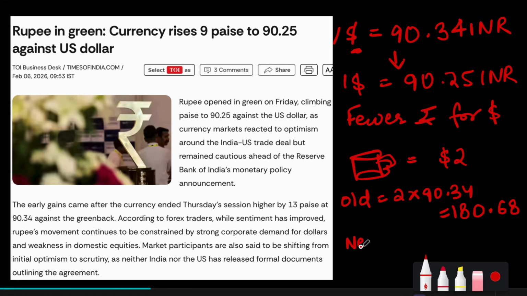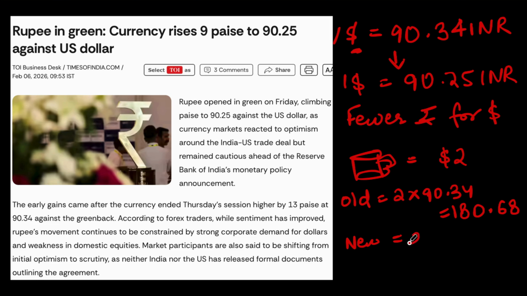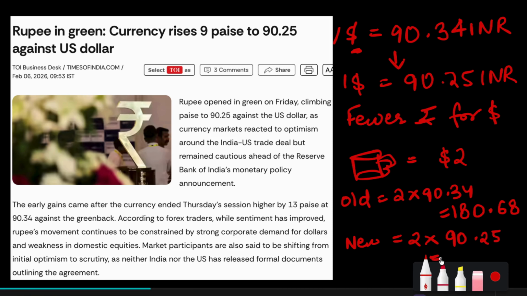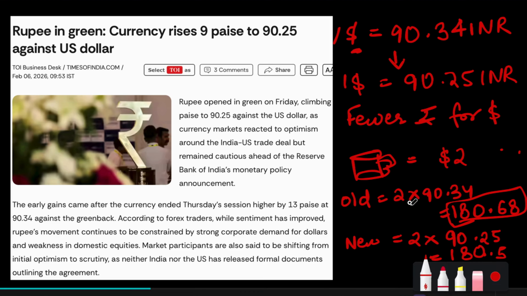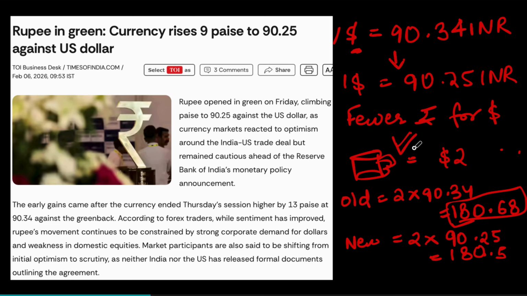And as per the new rate, now you would pay 2 into 90.25, which will become 180.5. So it is clearly seen that earlier you were paying more amount of money with the old rate. With the decrease in rate, now you can get the same mug at lesser price.